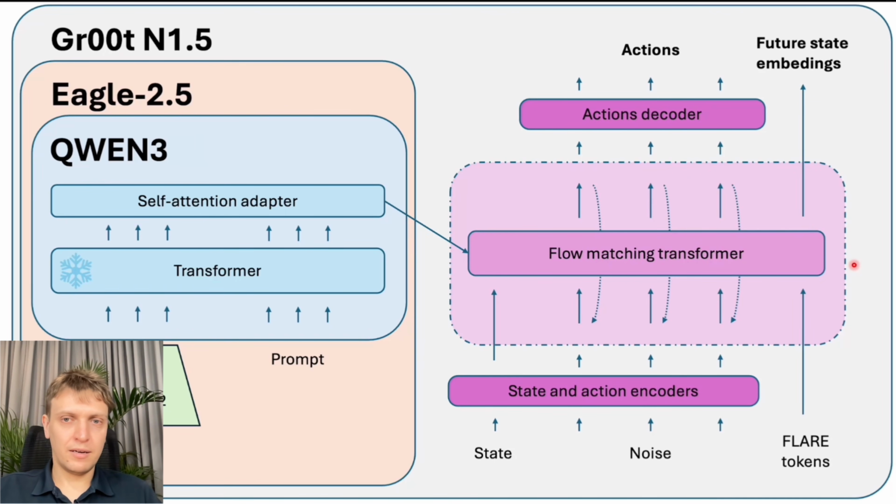So you can say that GR00T is a VLA model, but we can add a bit of logic similar to world modeling that predicts the future state of the world, not the state of the robot, but the state of the world, the future representation of images that the robot will see after executing this action chunk. And NVIDIA says that it significantly improved the results of this VLA. I will have a section dedicated to this FLARE later in this video.